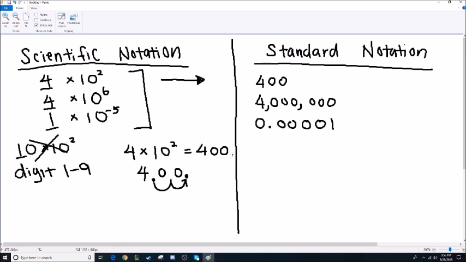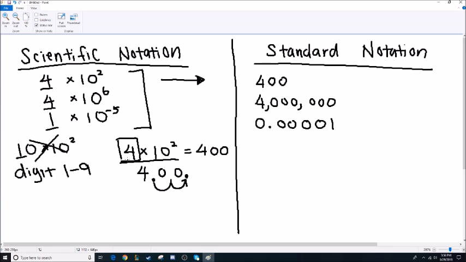And keep in mind that even though I put the new dot here, I don't write that in my answer. Because if I wrote the dot in my answer, that means I'm saying this 400 has 3 significant figures. And as you can see, in my scientific notation form, it only has 1 significant figure.